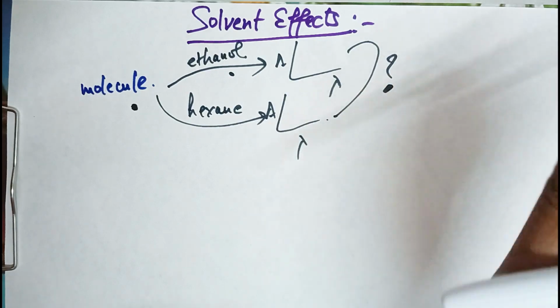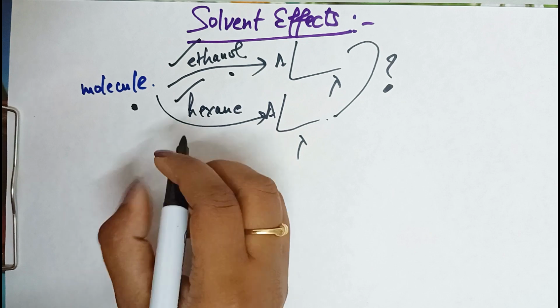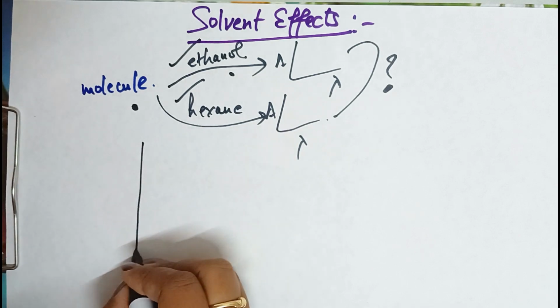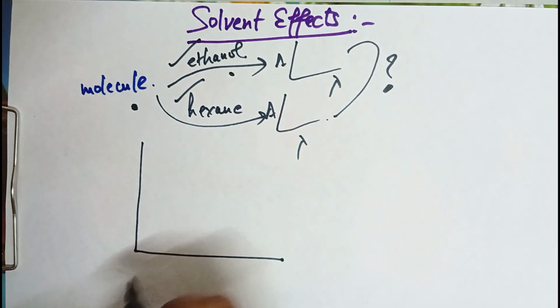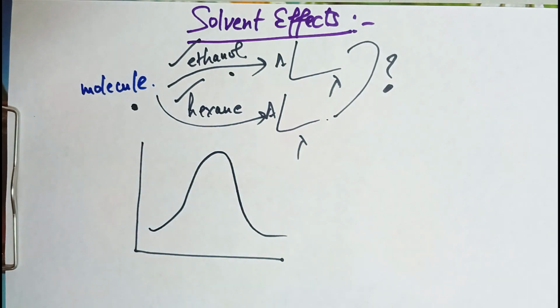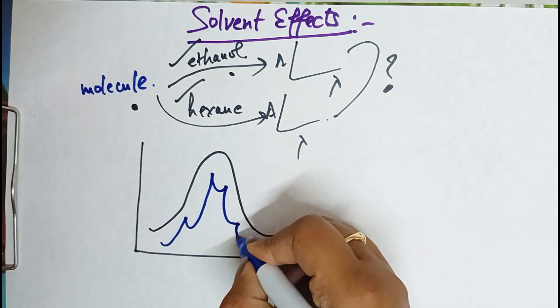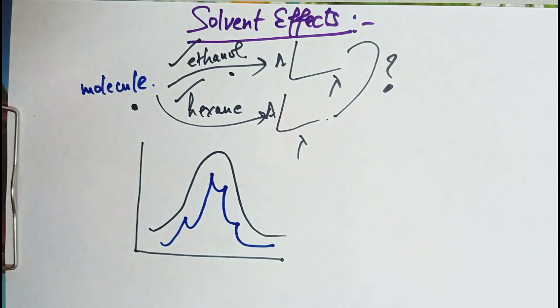I have taken the spectra of the same molecule in ethanol and in hexane. I am getting two different spectra and I have overlapped those two graphs. So one graph is like this and the other one is like this.